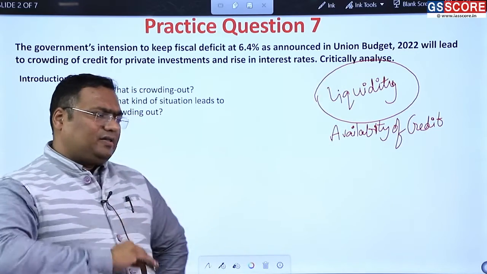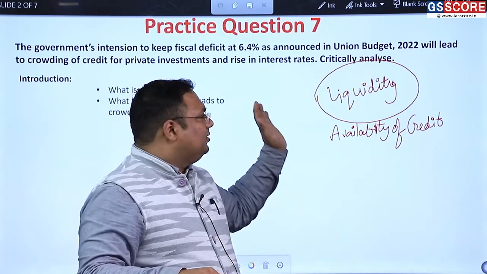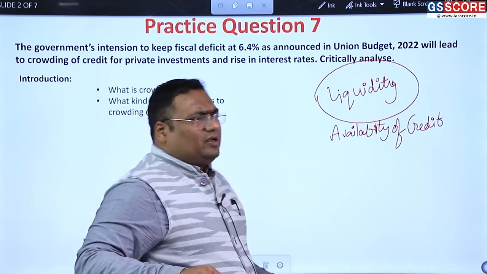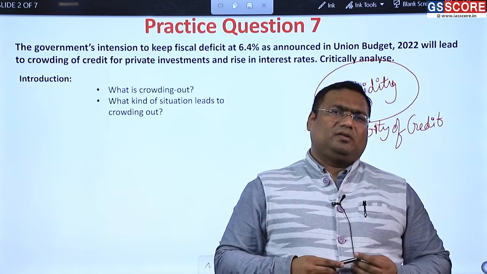Availability of credit in the market. So if liquidity is good, if liquidity is in excess, if availability of credit is too much, then government borrowing will not create crowding out. That is something we need to understand.